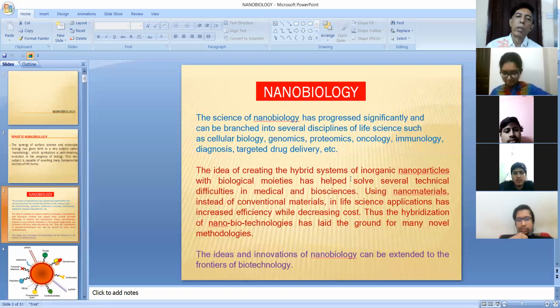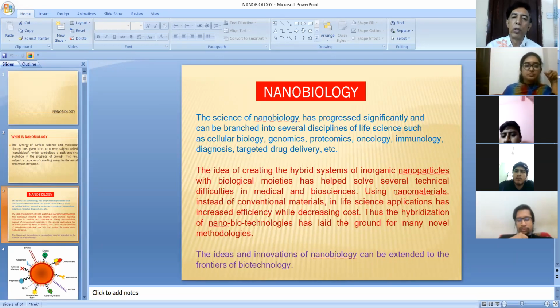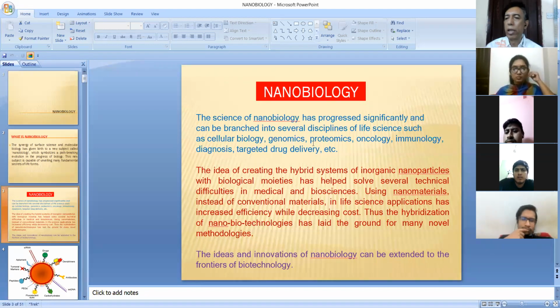Cellular biology works on the cells of our body. Genomics means it works on genes of our body. Proteomics means protein related science. Our body is made up of protein. So this is protein related science, and the protein is also a nanomaterial.